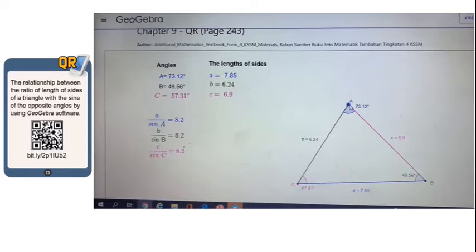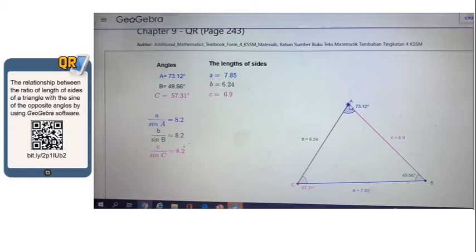You can also refer to your textbook pages 242 and 243. There is a QR code, or you can go to this link, to see the relationship between the ratio of the length of a side of a triangle and the sine of the opposite angle using GeoGebra software. If you want to explore whether the conjecture is valid for all acute and obtuse angle triangles, you can try this QR code.